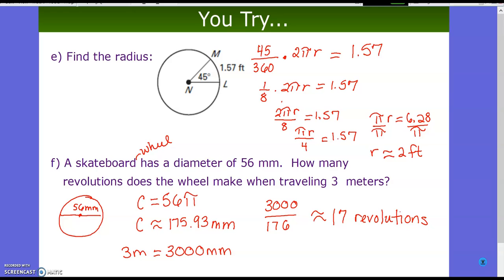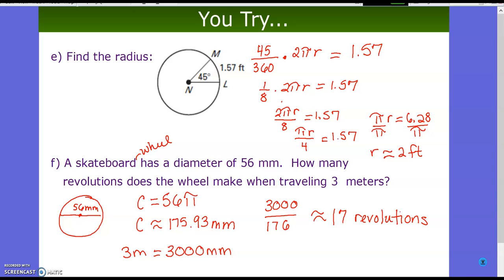On letter F, we have a skateboard wheel, which has a diameter of 56 millimeters. How many revolutions does the wheel make when traveling 3 meters? So those revolutions and the meters all revolve around your circumference. So I find my circumference to be about 176 millimeters.